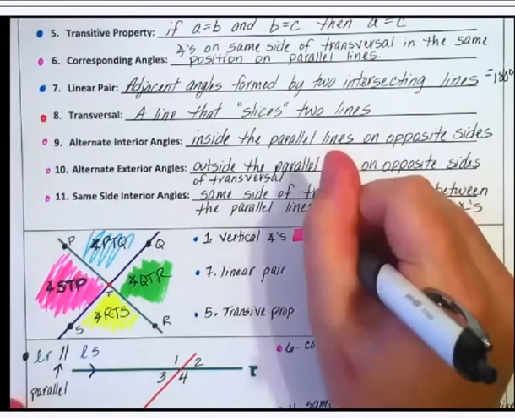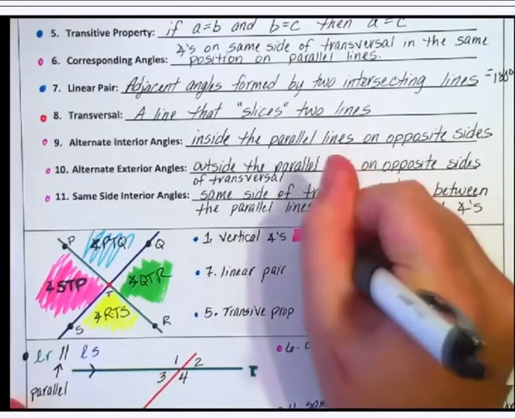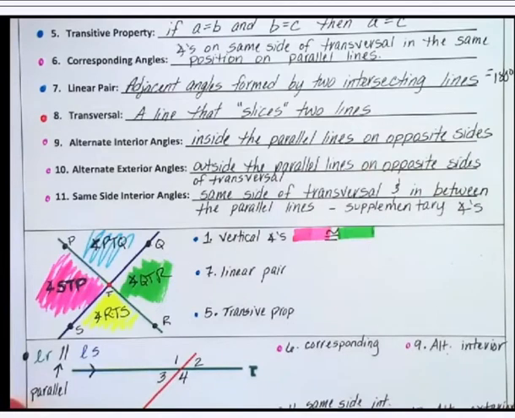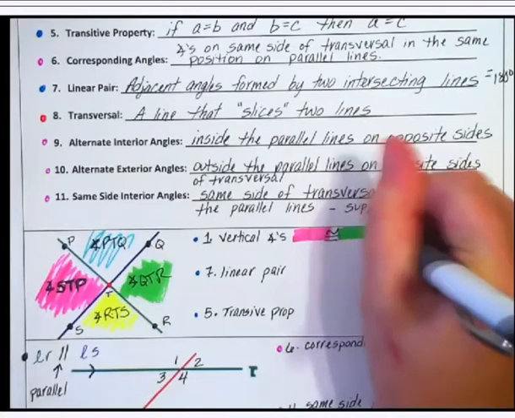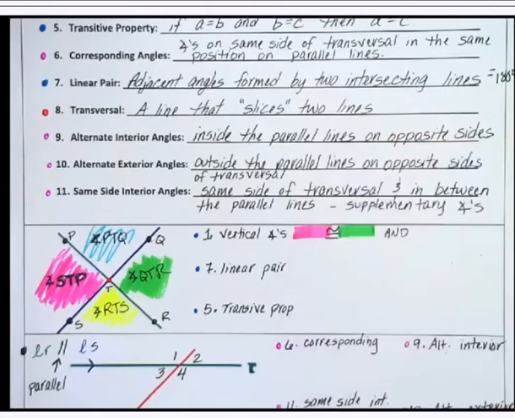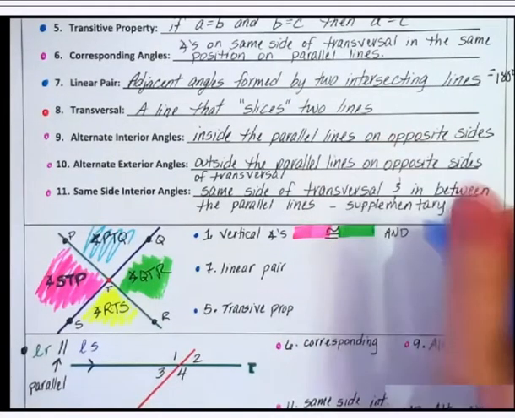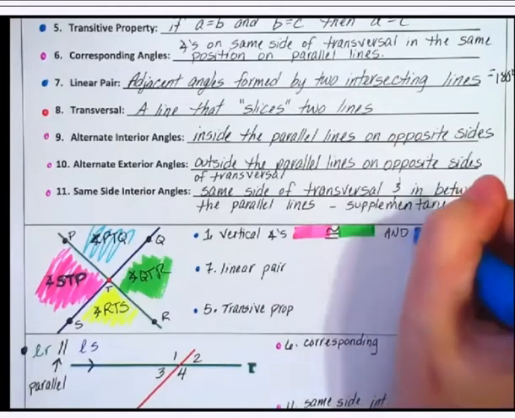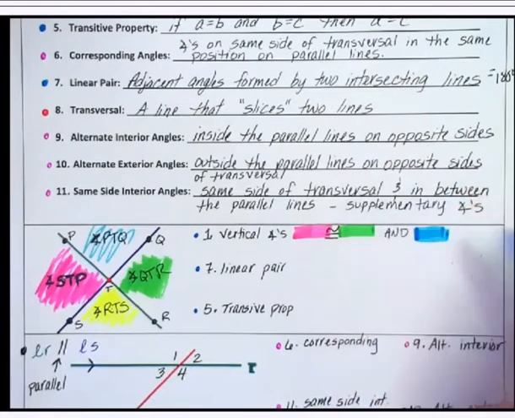Vertical angles, remember, are congruent to one another. So pink and green are congruent. Also, blue and yellow are congruent. So I'm going to put blue and yellow.